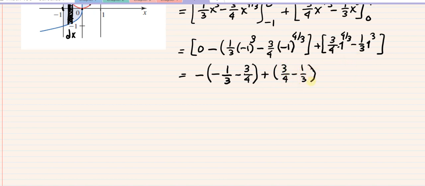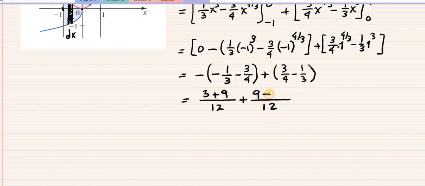Okay, we have that. Now, negative and negative, they combine those, right? We're going to combine them, and then negative makes the answer positive to that. The LCD is 12. So that's going to be 3 plus 9, right? Plus next fractions, LCD is 12.